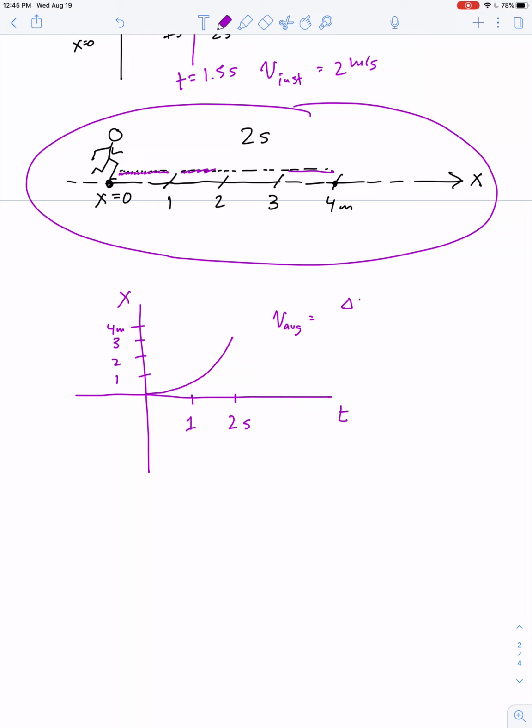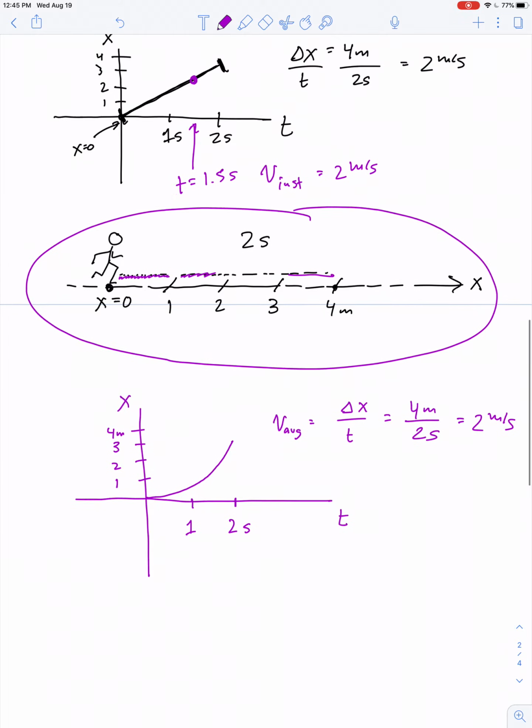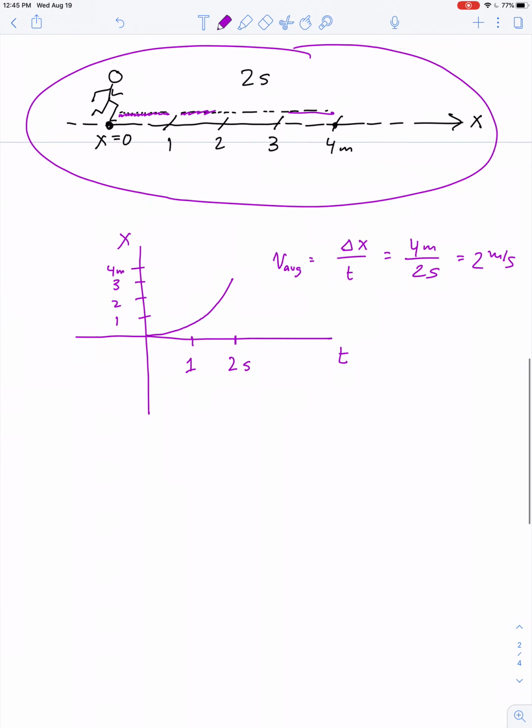They covered a total distance of 4 meters in a total time of 2 seconds, and we get 2 meters per second. But now I say, what was their speed right at the instant t equals 1.5 seconds?